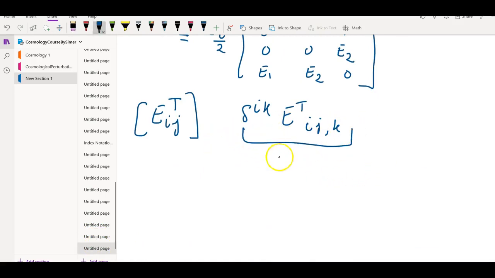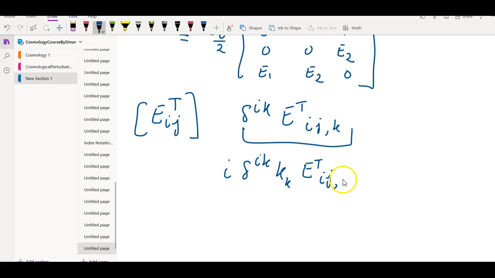So in the Fourier space, this would become delta IK, and then the K component, with an iota here, then ET IJ.